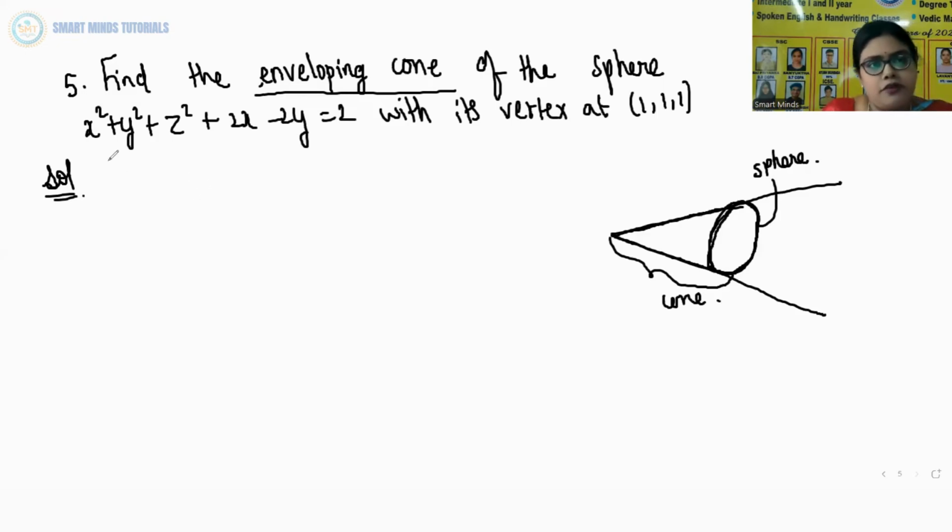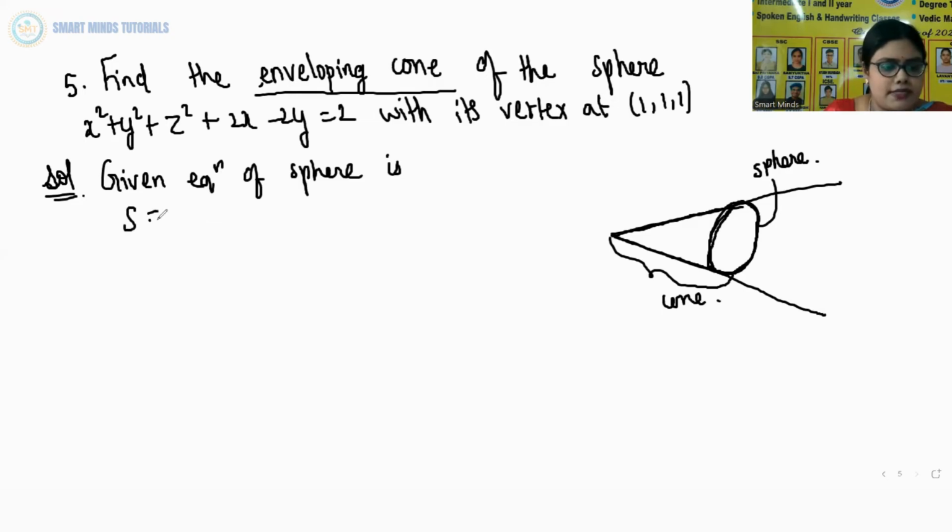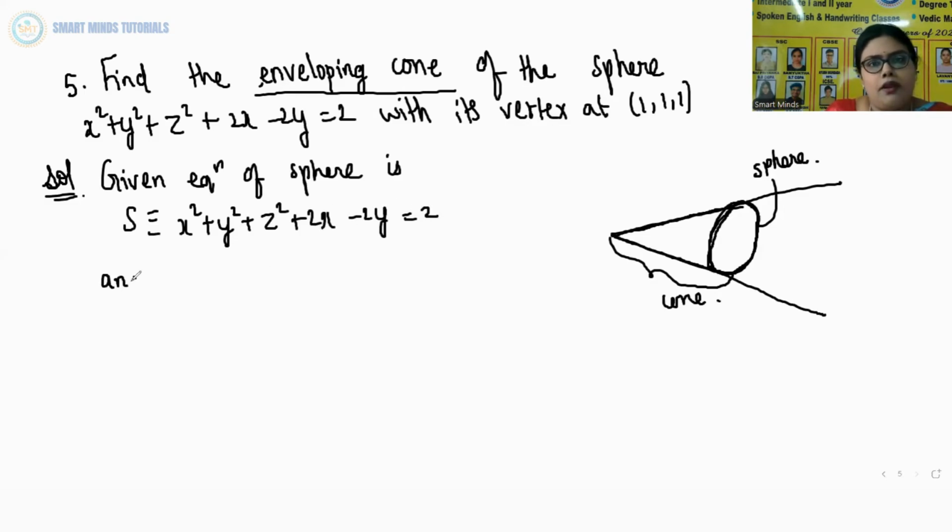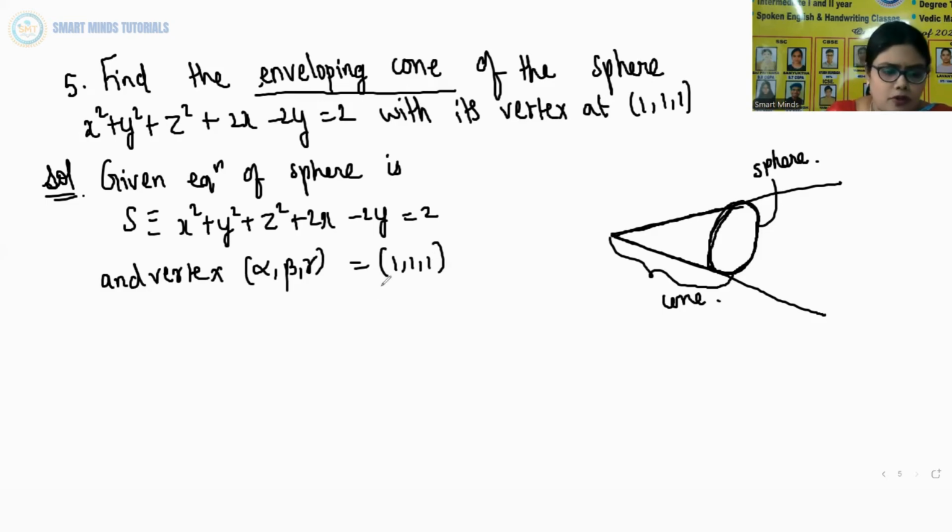Yes. Now first we will write the given equation of a sphere. Given equation of sphere is S is equal to x square plus y square plus z square plus 2x minus 2y is equal to 2. And the vertex, usually we take it as alpha, beta, gamma, is given as 1, 1, 1.